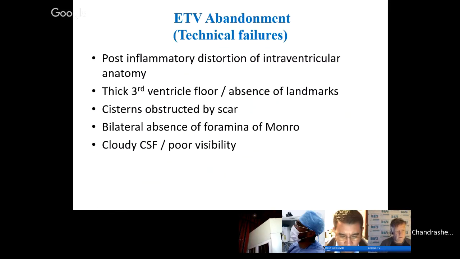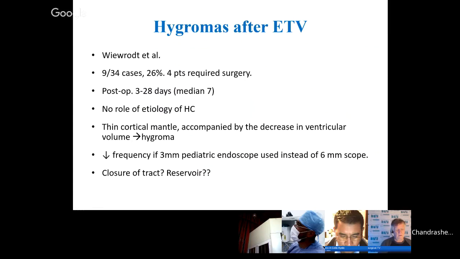There may still be some situations where you may have to abandon your third ventriculostomy, like post-inflammatory distortion of anatomy, thick third ventricular floor, and cloudy CSF, which makes for poor visibility and makes it virtually impossible for you to do that.